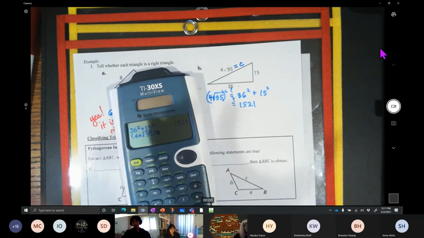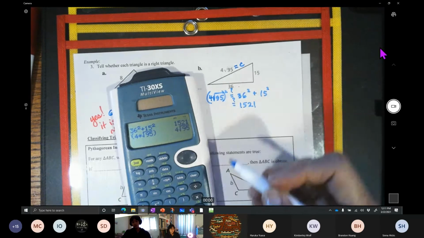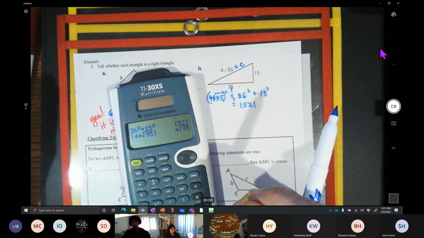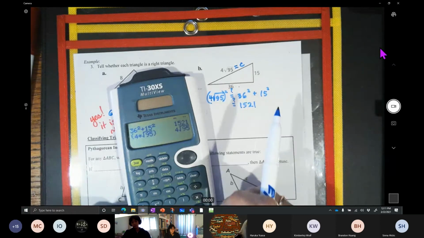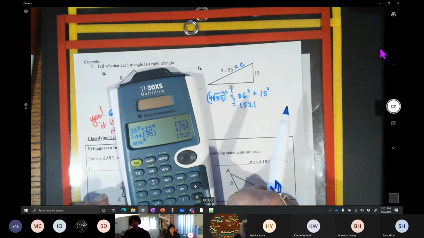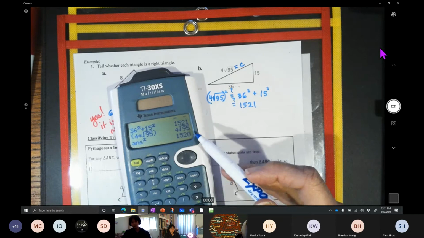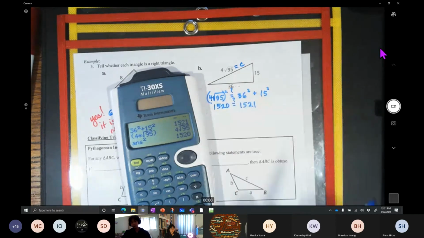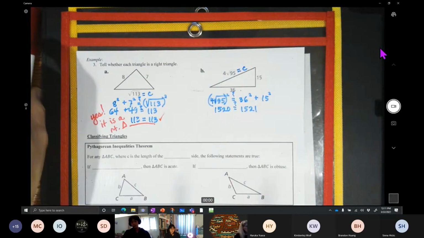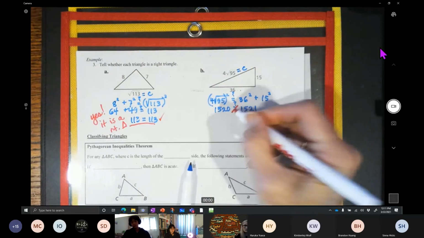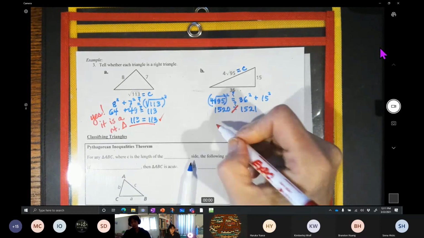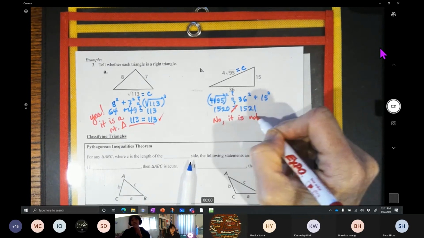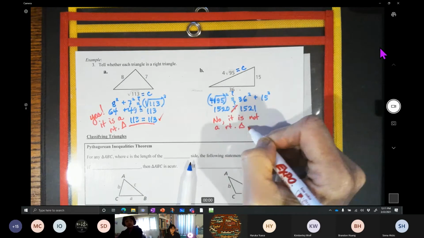So it's just that one number. I get, oh my goodness. I want to square that number. There we go. So that number squared is 1,520. So they are not equal. So no, it is not a right triangle.